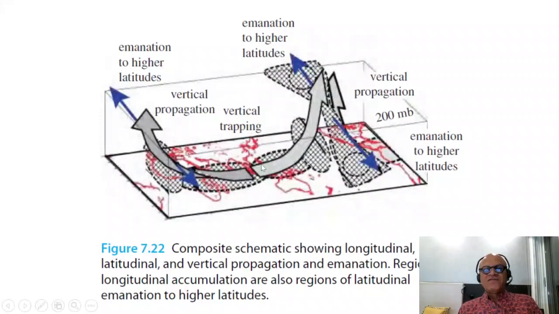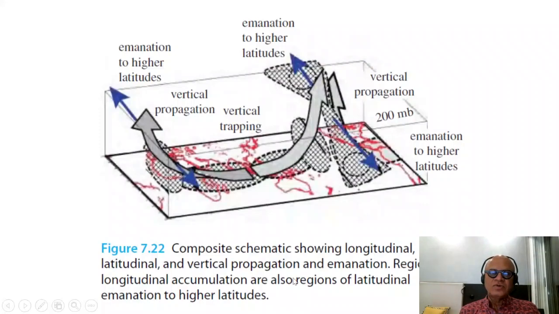So you have vertical trapping happening here in the eastern Indian Ocean, and there is zonal trapping and vertical propagation with emanation to higher latitudes over basically Africa, just over Western Africa here, and in the Eastern Pacific west of the Americas here. So there are specific regions where vertical propagation and emanation to higher latitudes happens.